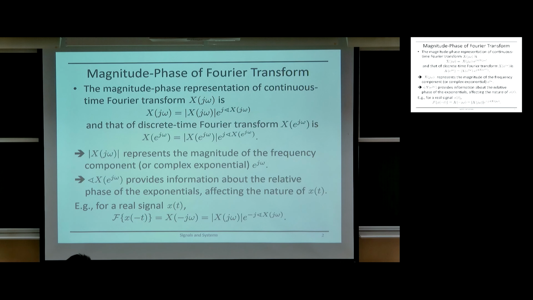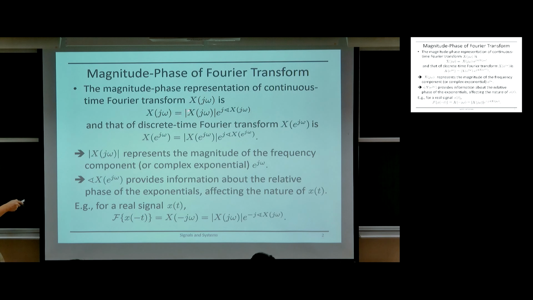All right, so when we look at the spectrum of a signal, we're often accustomed to looking separately at the magnitude and the phase. So suppose that you have a spectrum, capital X of j omega. This is the Fourier transform of a particular signal x of t.